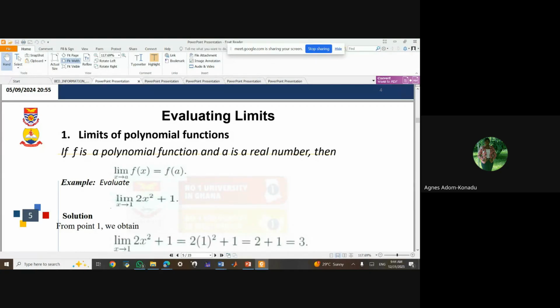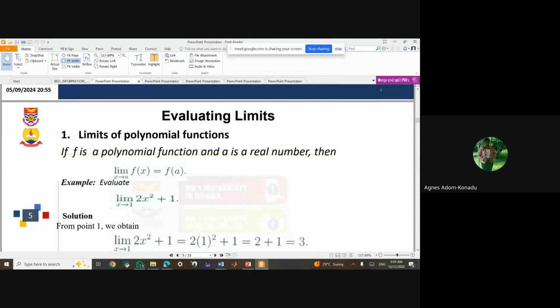What name do we give to 3x plus 2? That's a linear function. Any other polynomial function? 2x squared plus 1. What kind of polynomial function is that? Quadratic. So these are quadratic functions, linear functions, cubic functions, and others. They are all polynomial functions.